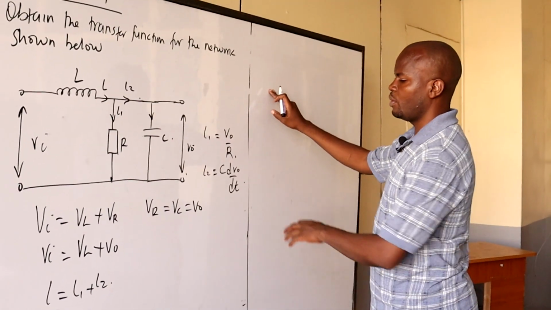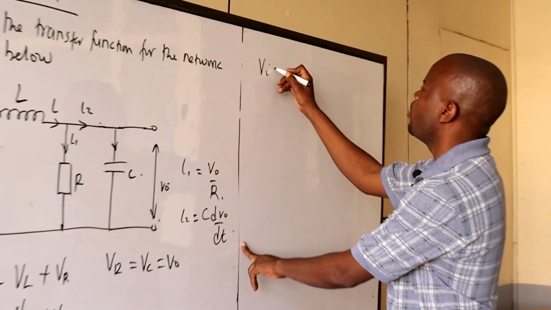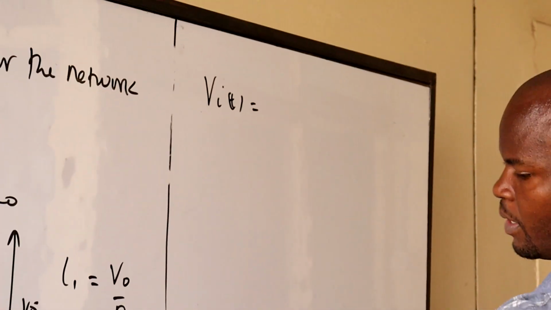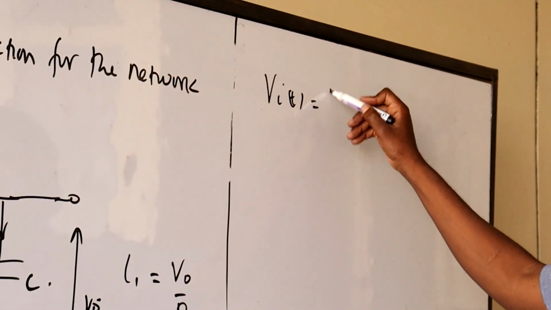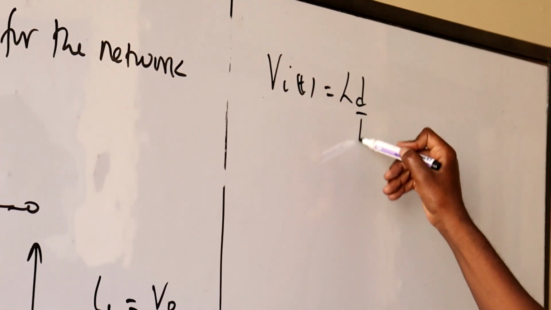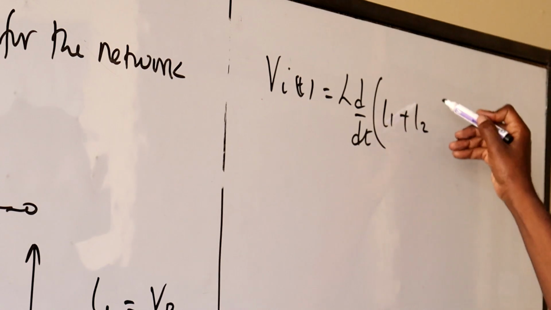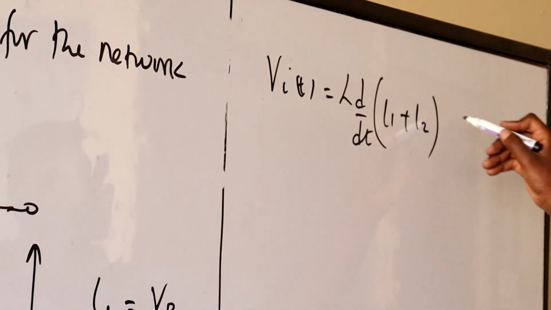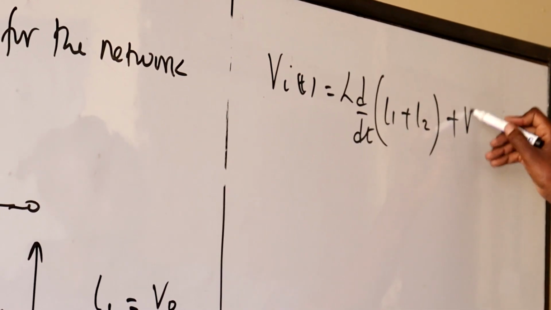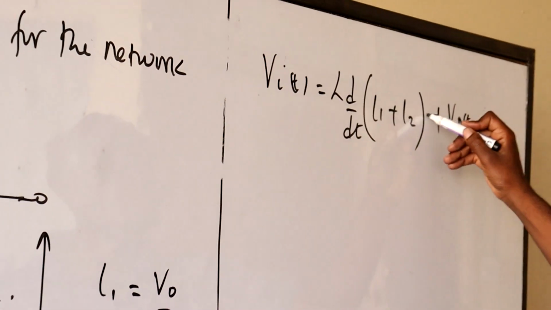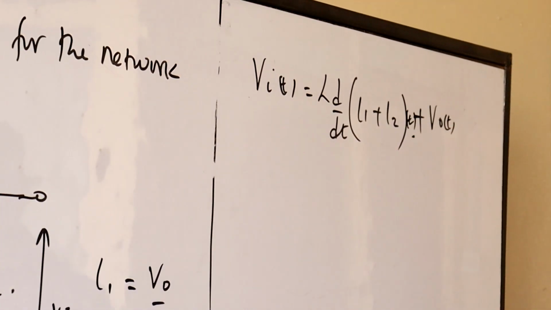So in that case, we are going to say Vi of t is going to be given as L d dt, and I is I1 plus I2 plus V out also of t. So of course, that is still in terms of t.